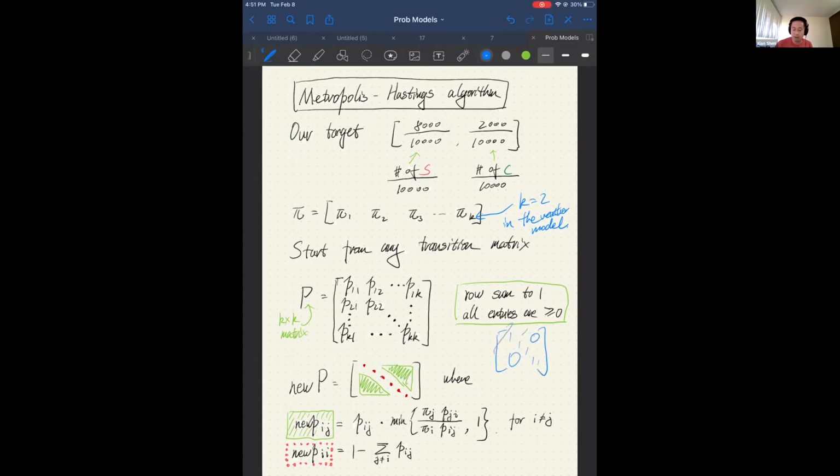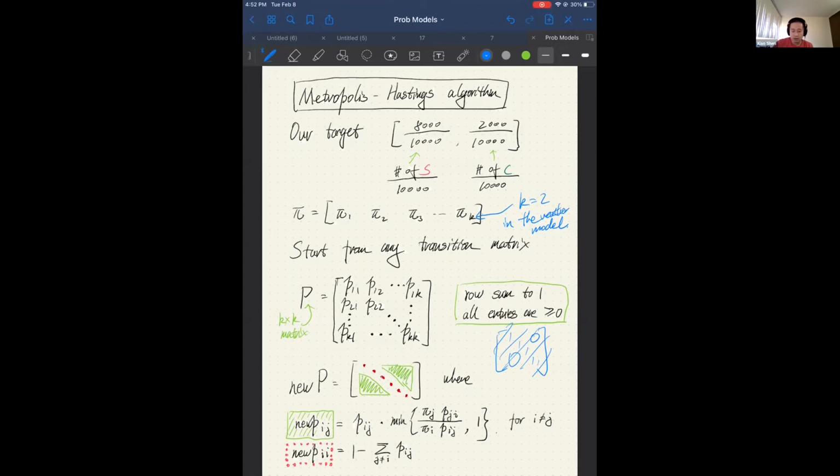So this is a bad choice. So once we start with this matrix P, we can define another new matrix P. And in this case, the formula is given by modifying the off-diagonal entries. So this is the green triangle. The entries of this new Pij are going to be the old Pij times the minimum of pi j.